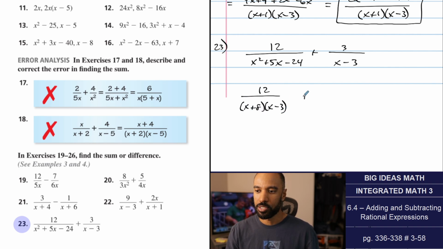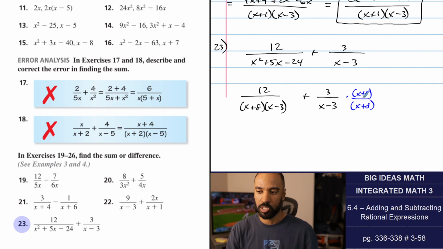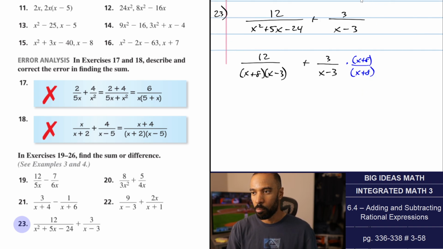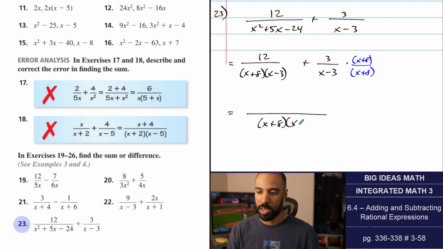And if you notice, this guy has an x minus 3 as well, so that's already taken care of on both of these. That means I don't have to multiply anything extra in this left fraction, but I do need to multiply an x plus 8 in this right fraction to get the common denominator. So I don't need to do more, I need to do less. So on bottom, we now have a common denominator of x plus 8 times x minus 3. Leave it as such as we keep this 12 and add 3x plus 24.